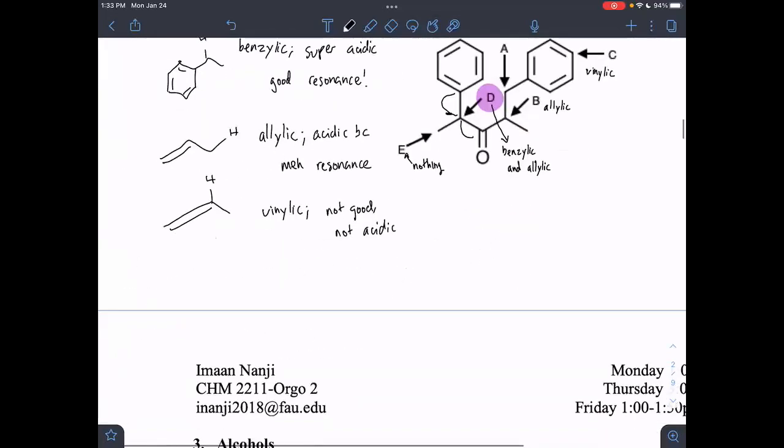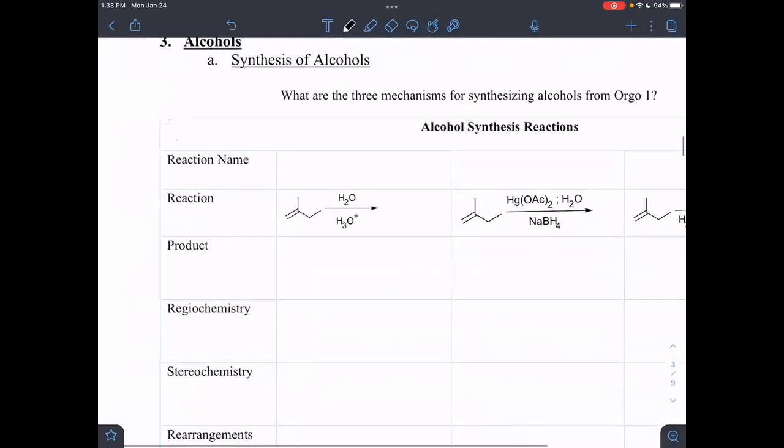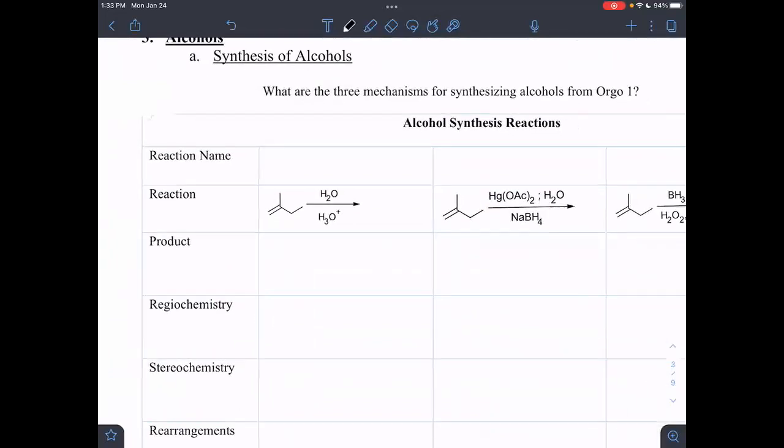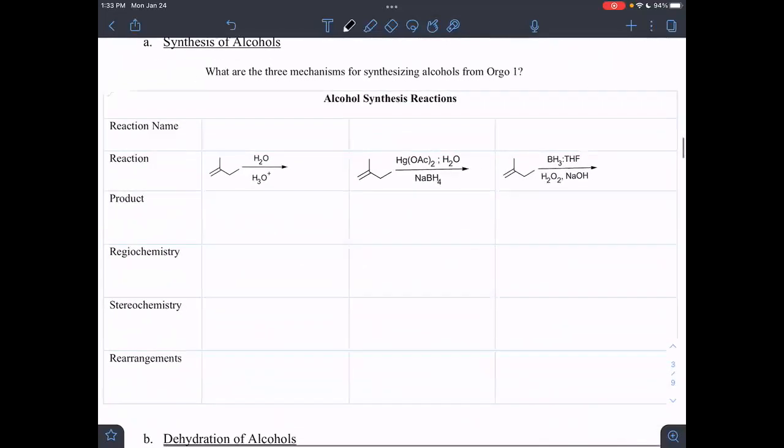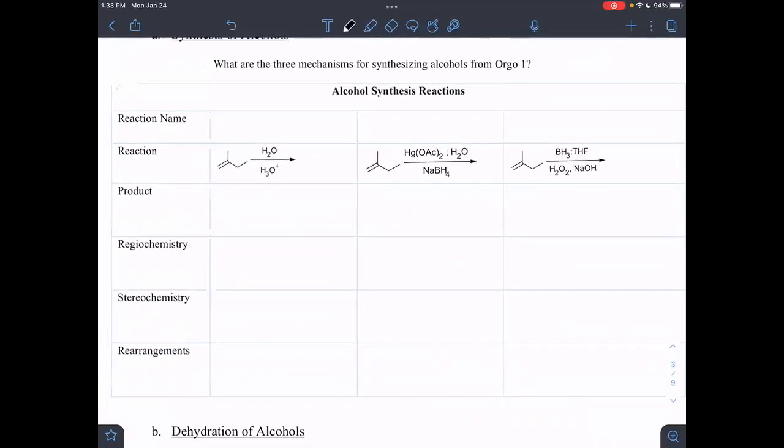Okay, so we can move on to the synthesis of alcohols and technically ethers. So what do you remember is the main difference between synthesizing alcohols versus making ethers? Yes, if you're making an alcohol, your nucleophile is going to be water. If you're making an ether, the nucleophile is going to be an alcohol.